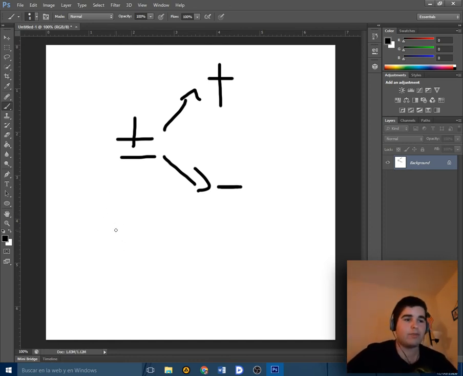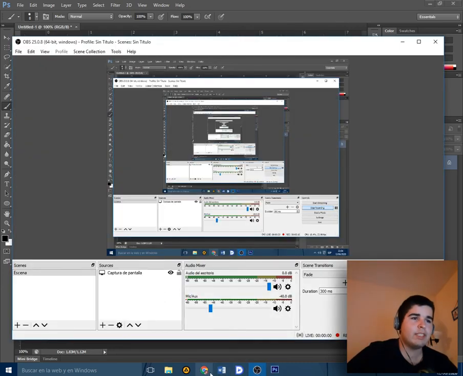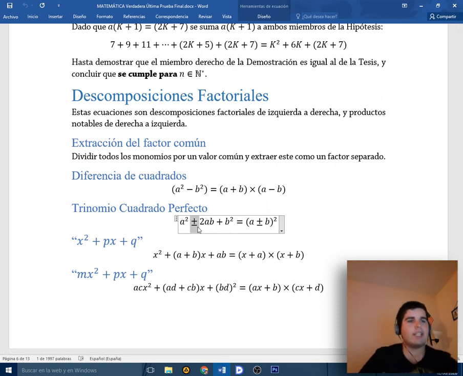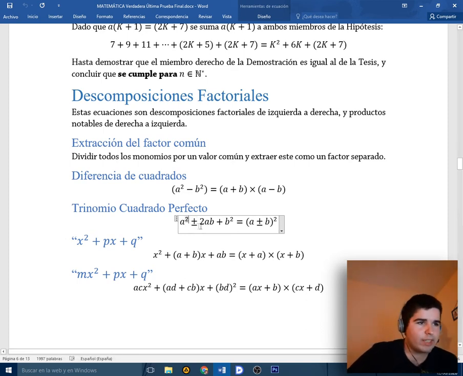It depends on the context. In this context, I think it's not supposed to be used, but here it is conditional. It is supposed to mean that were this to be a plus, this one will be a plus, and were this to be a minus, this will be a minus.